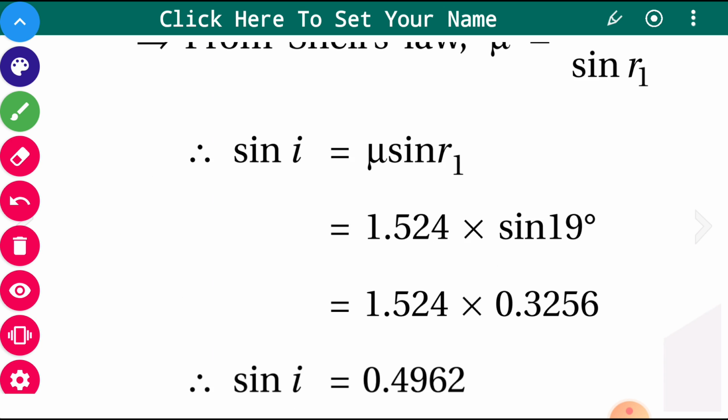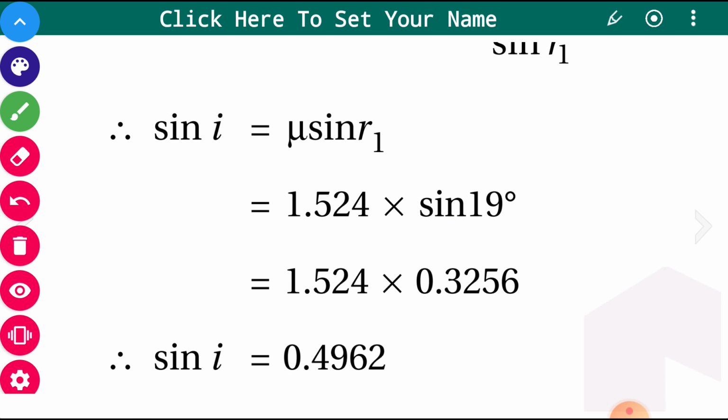So we just have to place the values. N1 is 1, that is refractive index of air is 1. N2 is mu, that is refractive index of the prism. So 1 sin I is equal to mu sin R1.